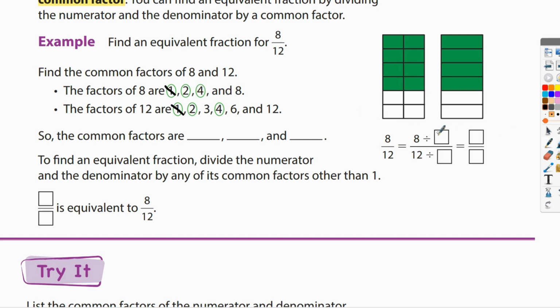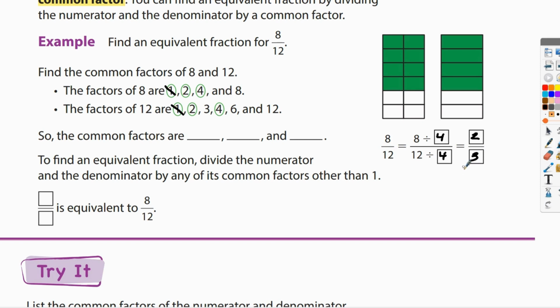So I'm really going to divide 8 divided by 4 and 12 divided by 4. If I divide 8 by 4, what do I get? I get 2. If I divide 12 by 4, I get 3.